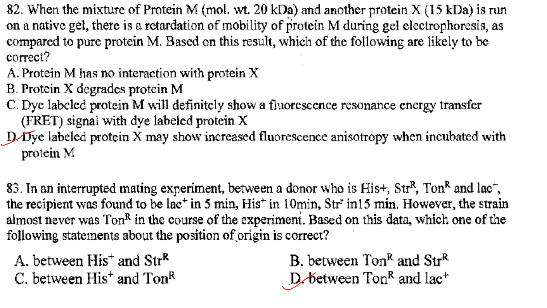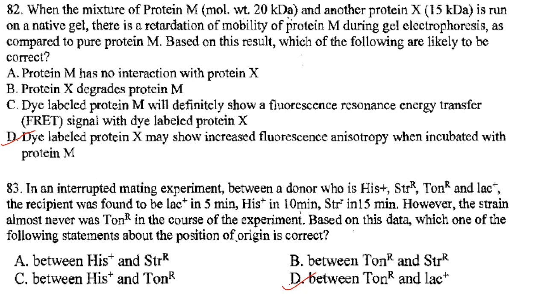So now they have told that TonR was not transferred to the recipient, so it must be at the other end. Since Lac plus was transferred first, in the 5 minutes itself Lac plus was transferred first, and TonR was not transferred in the course of the experiment.